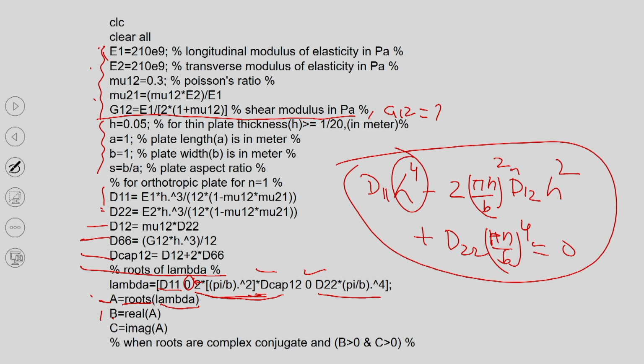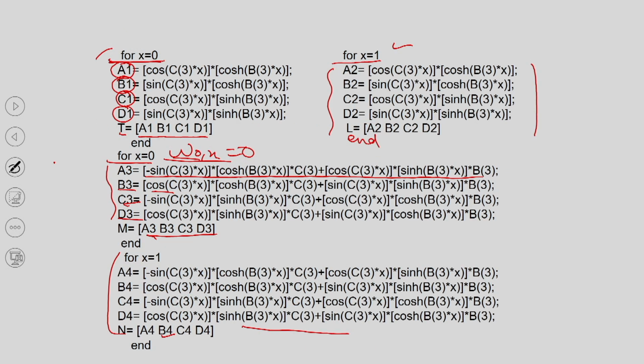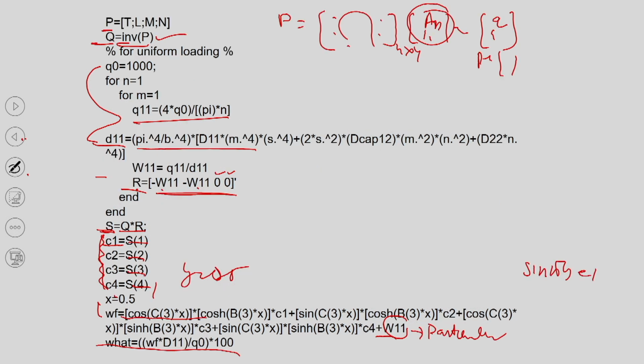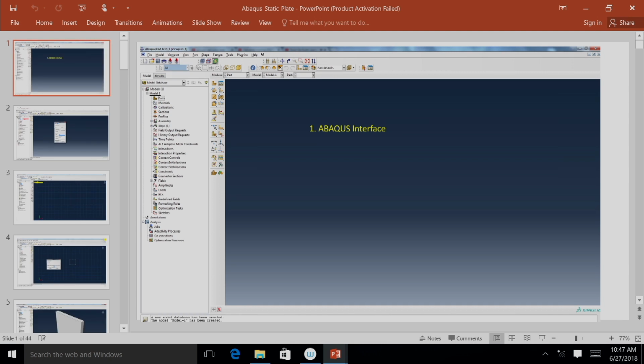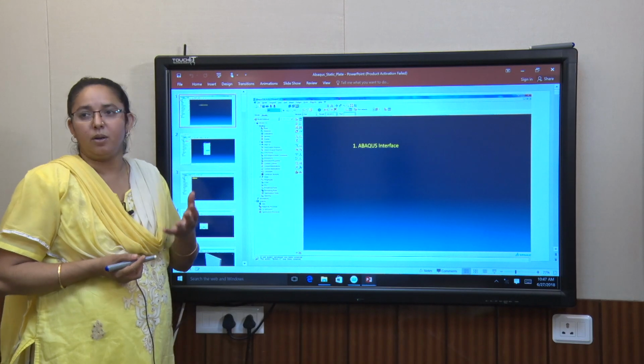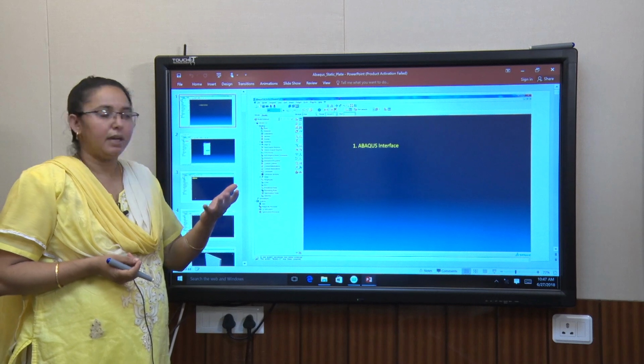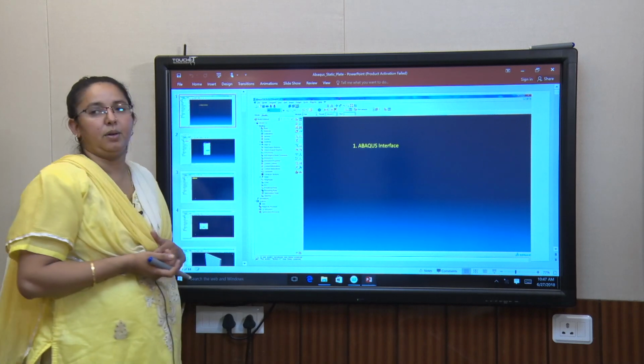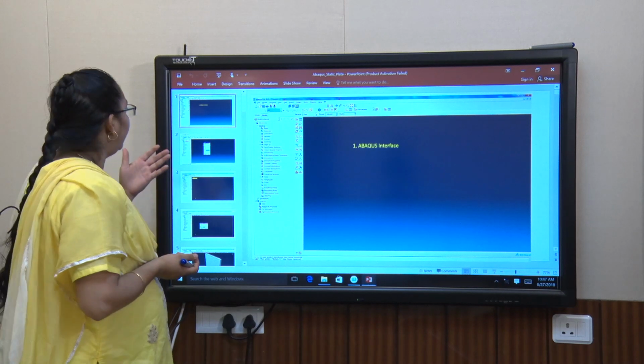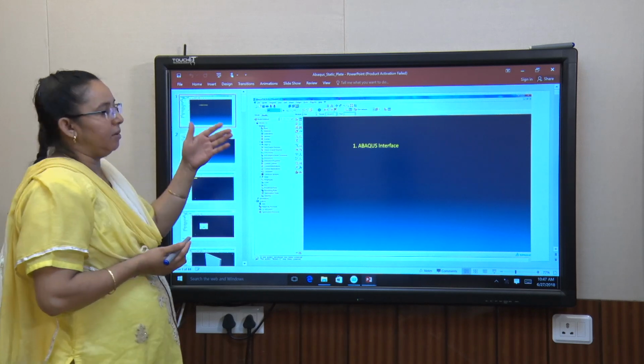There may be some more mistakes, so when you are writing, you need to check each step. Currently I write a code in Fortran, get the solution, and want to verify it with the Abaqus solutions. So there is standard Abaqus software.